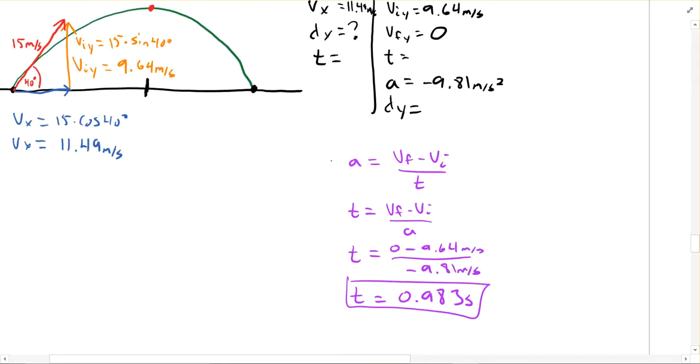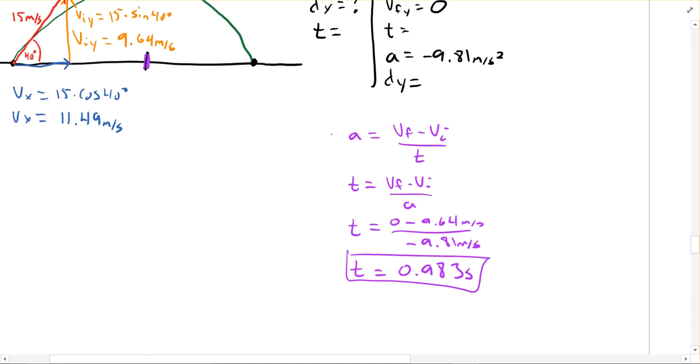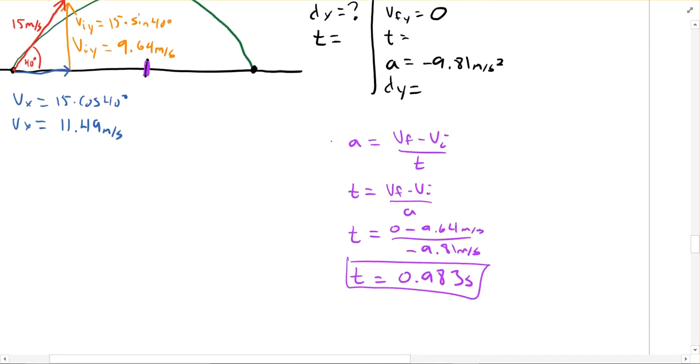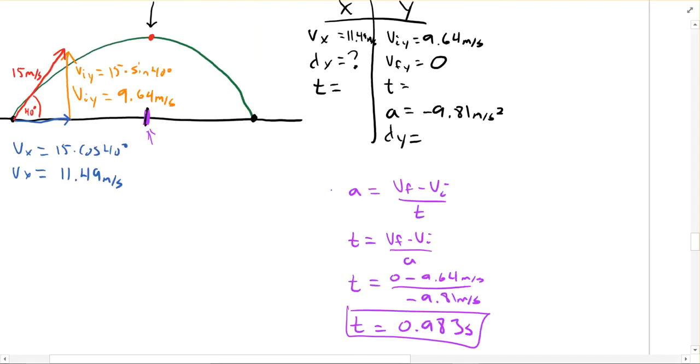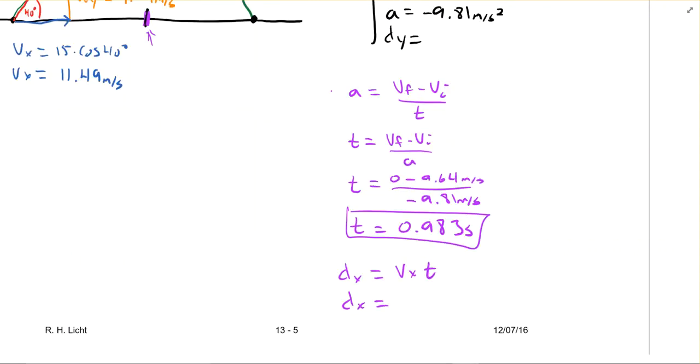Now there's really two ways you could do this too. I could just multiply the time by 2 and then find dx. Or I could figure out dx, like I said earlier, up until this point, and then multiply that by 2. Either one doesn't matter. Since I said this already, let's do that one. We'll find dx up to that point. So dx is equal to vx times t. My vx was 11.49.